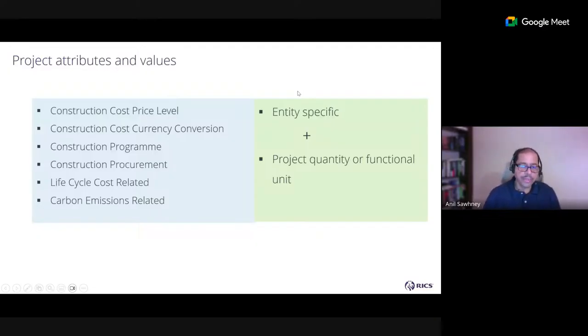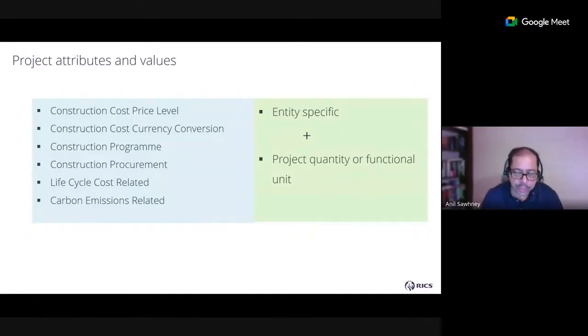So we have additional information that can be added to your cost and carbon information. These are, as I explained earlier, called project attributes and values. So you have construction, program, procurement, life cycle, and carbon emission related attributes. Why is this important?